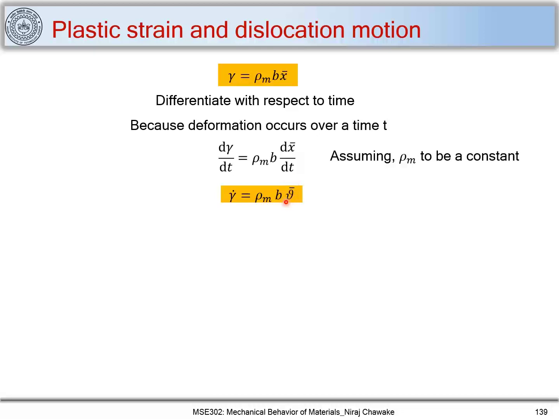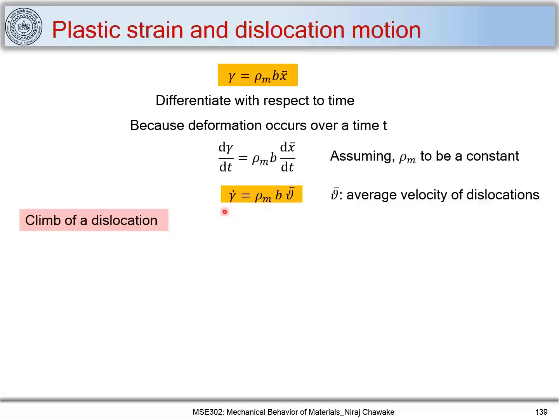So we can find a relation: shear strain rate is equal to mobile dislocation density into Burgers vector into average velocity of dislocations.